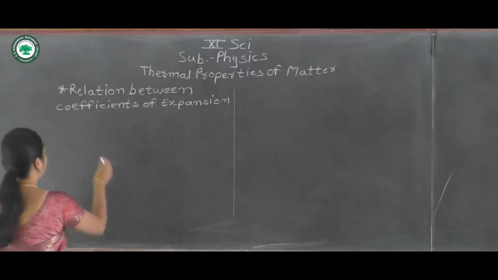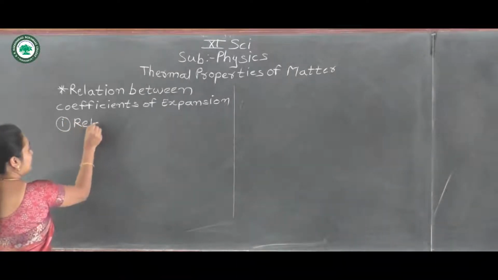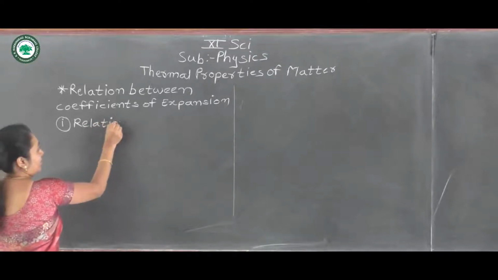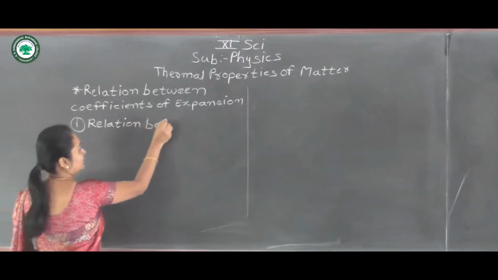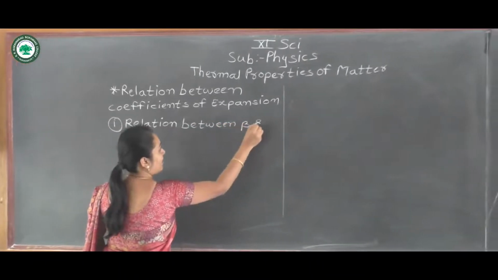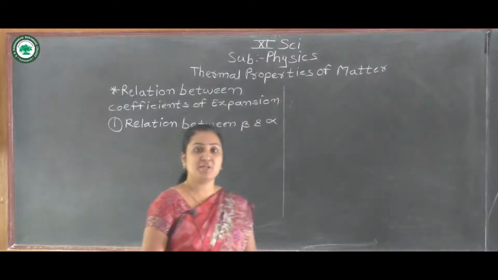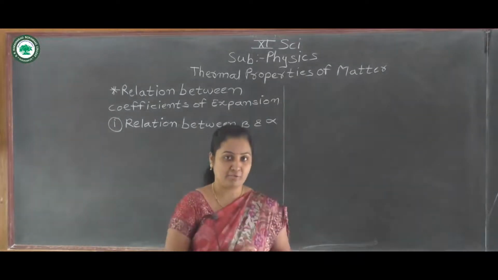So first point is the relation between beta and alpha.